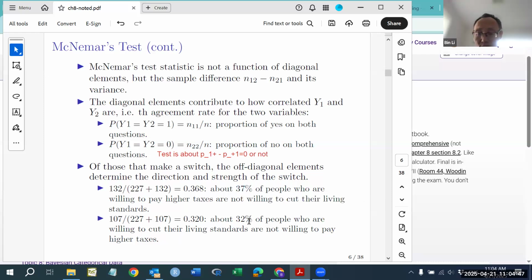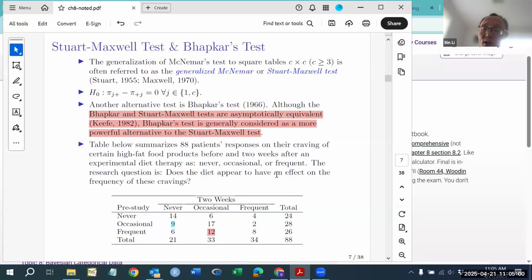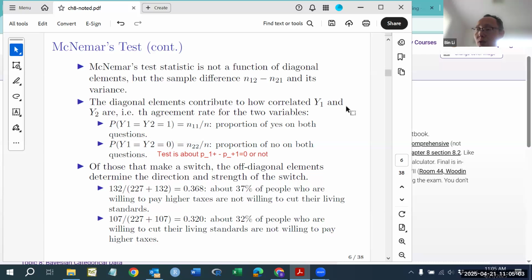But from no in the first to yes is 32%. Okay, so that's why it's marginally significant, because the difference between these is only 4%. Oh, no, 5%, I'm sorry. And that 5% is not big enough. So it's marginally significant at the 0.1 level.